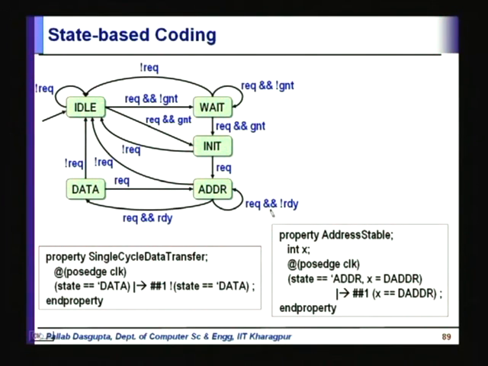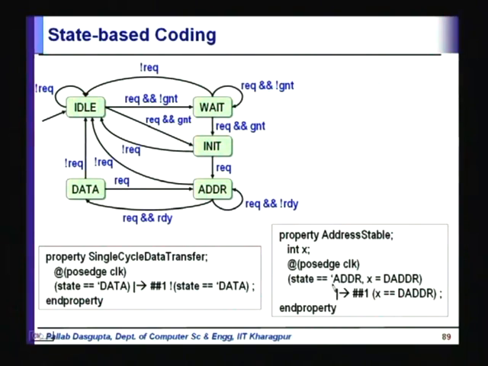Remember that this state machine is part of the specification. This is not the circuit. This is something which we are writing in addition to the property. Instead of writing only properties, we are writing this state machine and we are adding on this property using the labels of this state machine.